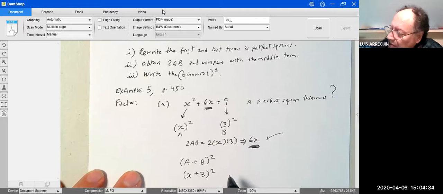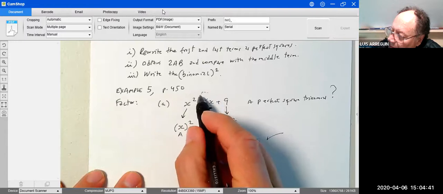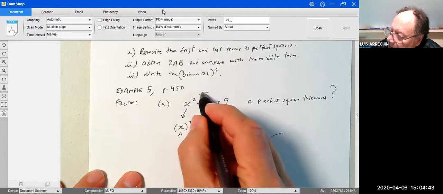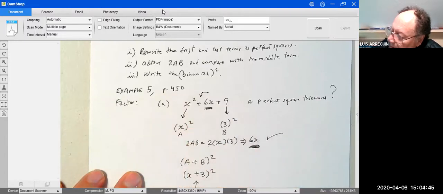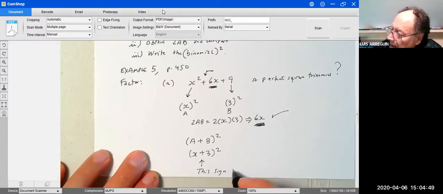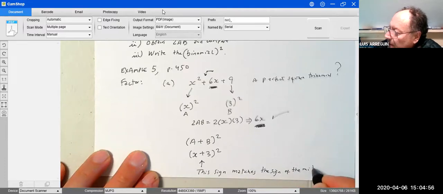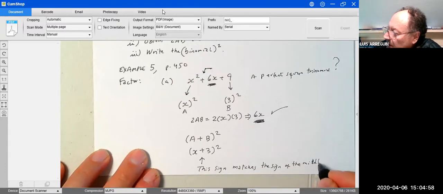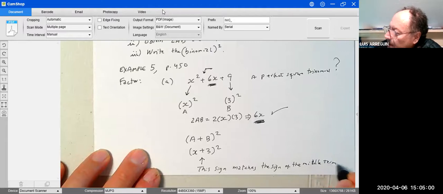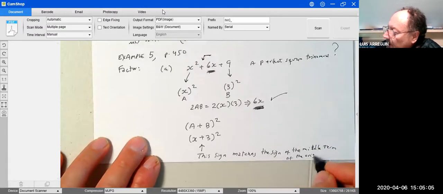Something important to remember is that the sign in between always matches the sign of the middle term of the original trinomial.